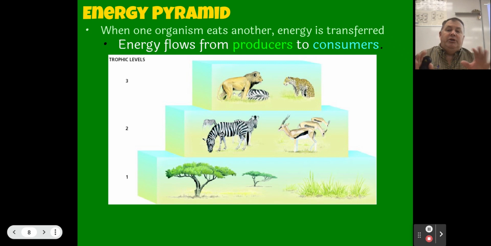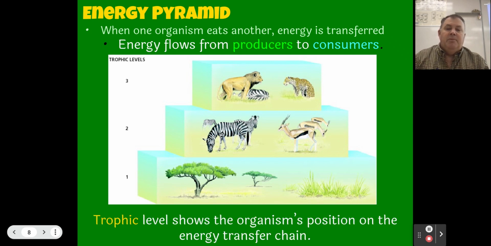On this particular diagram, as you go from the producers, which we might have billions and billions of, and move up the pyramid, the sheer numbers of those consumers decrease. Each level here is referred to as a trophic level. So as you go from level 1 to 2 to 3, we're going from one trophic level to the next to the third, the third trophic level being the one on top.